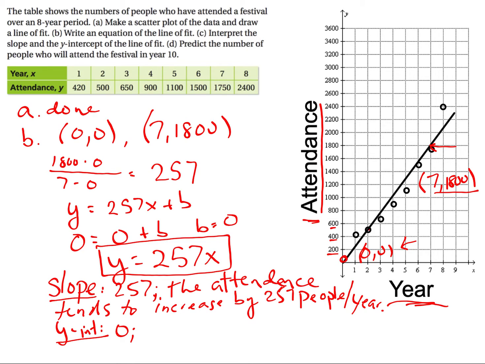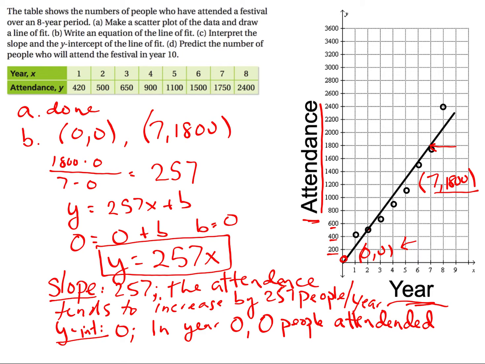This is just a mathematical construct to make the numbers work out. But with that having been said, we're just going to go with in year 0, 0 people attended. But it's important to understand what I just meant about year 0. It doesn't have real world sense here, but it does make the mathematical model work.